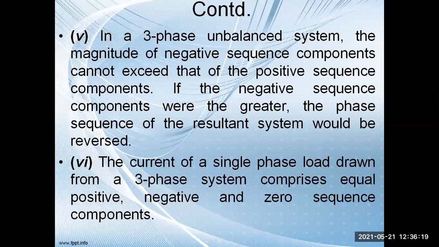Yes, because ultimately that is a single phase out of three phases. So there are other two phases also, and in that particular phase, unbalanced current will flow. That unbalanced current has three components: positive sequence, negative sequence, and zero sequence. So obviously, if we are drawing a single phase load from a three phase system, that will comprise the positive, negative, and zero sequence components of current.